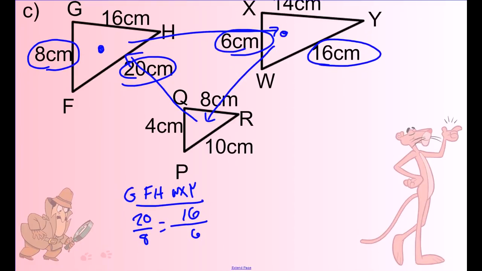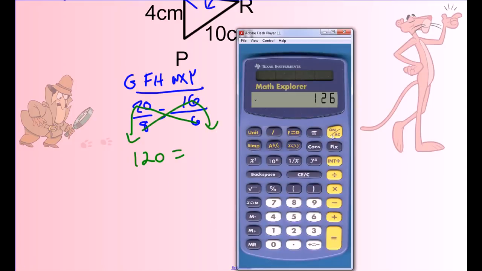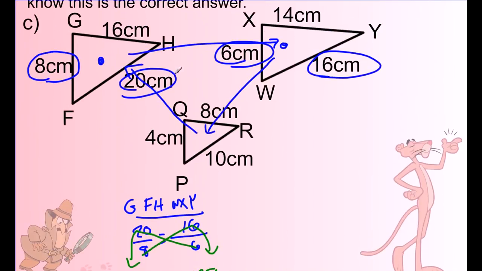If I cross multiply, hopefully everything comes out nice. 6 times 20 is 120. 8 times 16 is 80, and 48 is 128, I think. 8 times 16, there you go, 128. So those two are not similar. So it's not these top two.